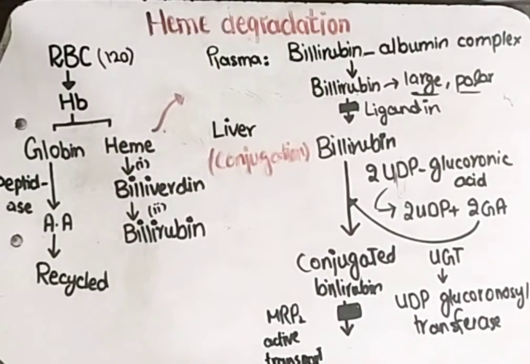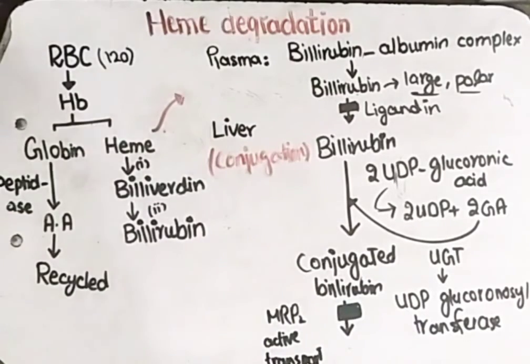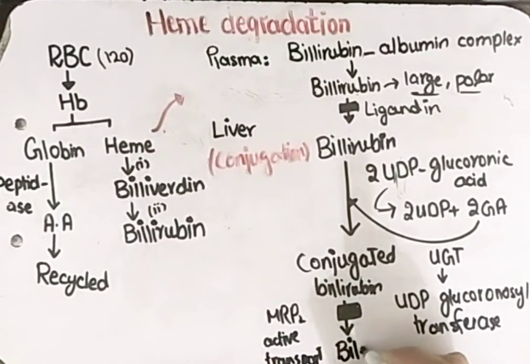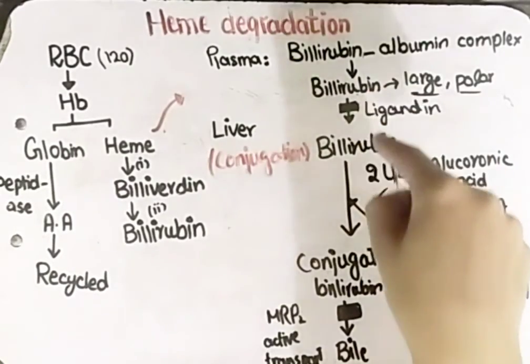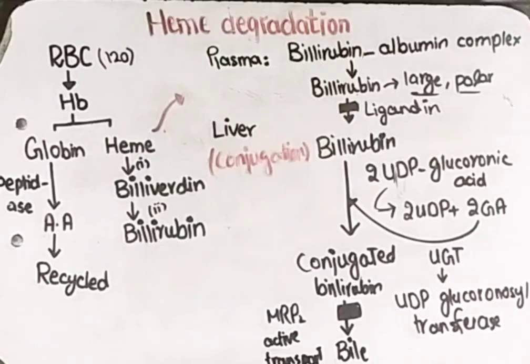That is why active transport occurs from the liver into the bile with the help of the MRP2 protein. So do remember, bile always has conjugated bilirubin. There is facilitated diffusion when bilirubin is transported into the liver, and active transport when the conjugated bilirubin is transported into bile.